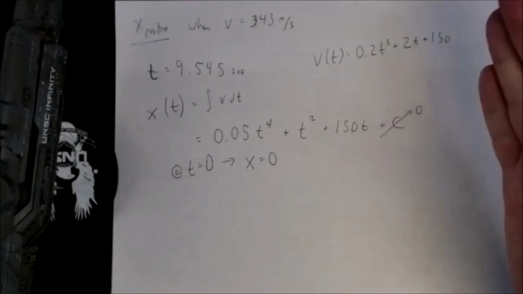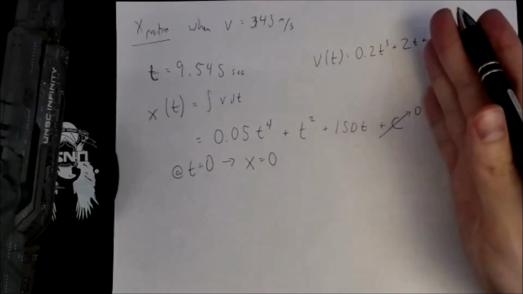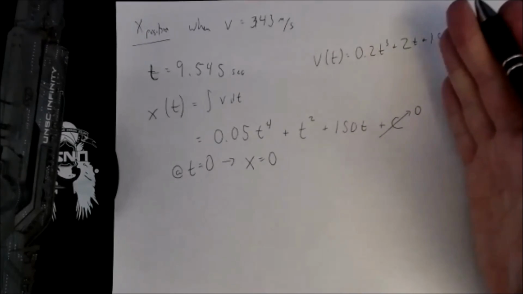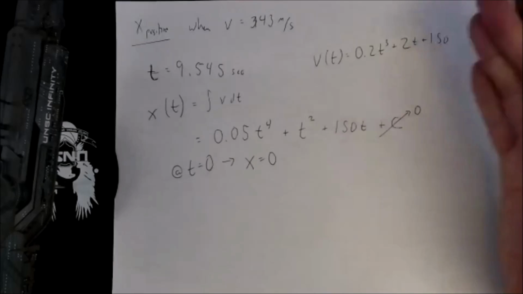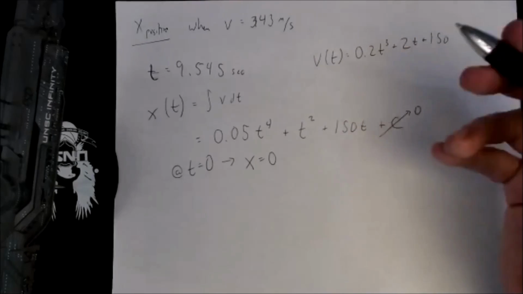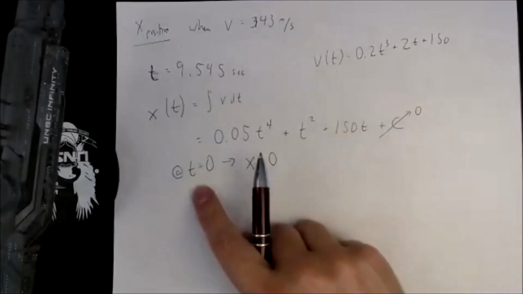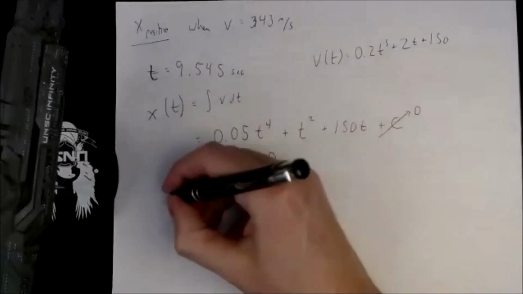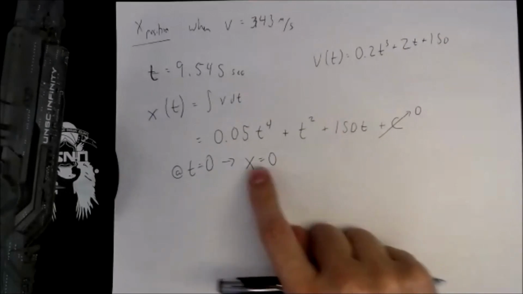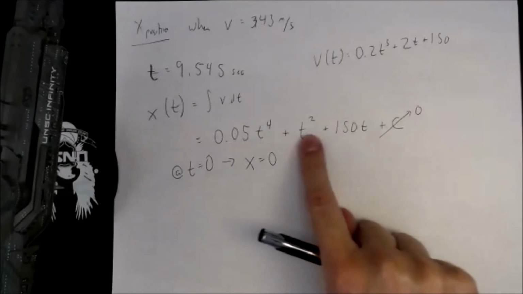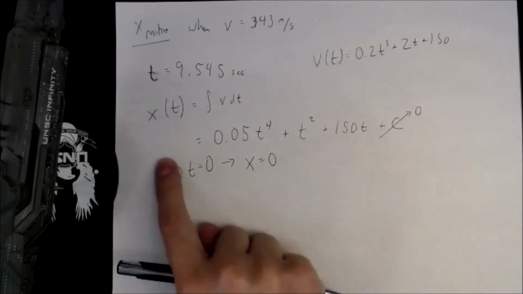So that's saying that we're defining our origin to be the moment that the rocket has launched. Therefore, at t equals 0, x will be 0. So if you plug in 0 for t, then x, which comes out of it, should also be 0.